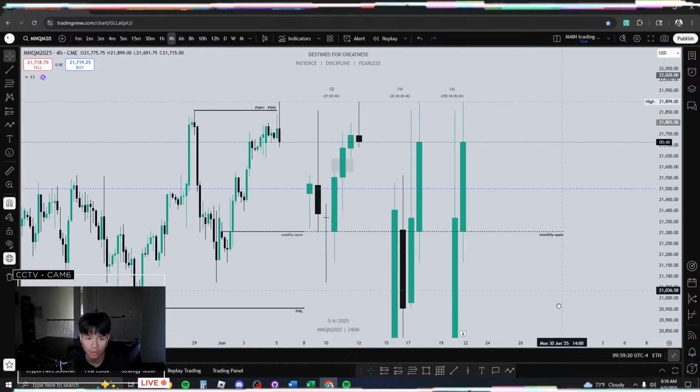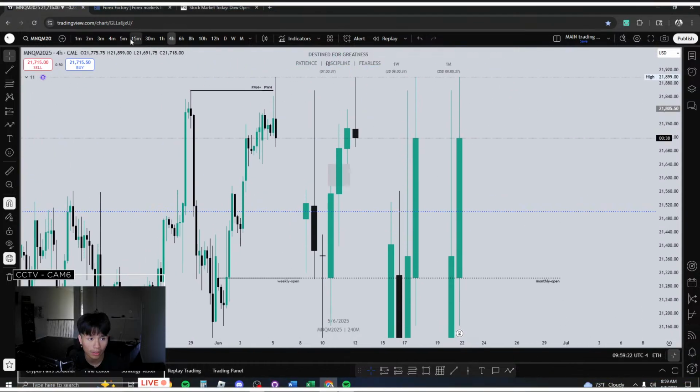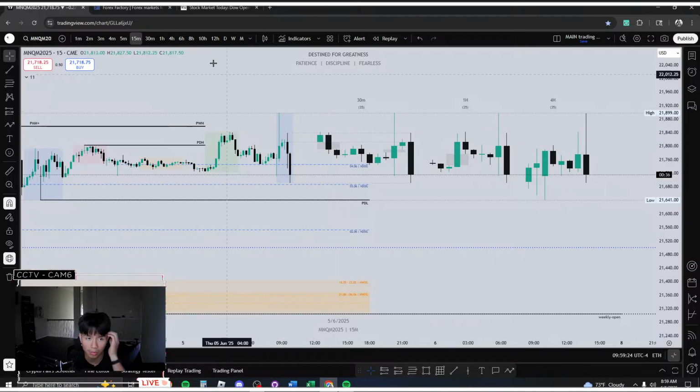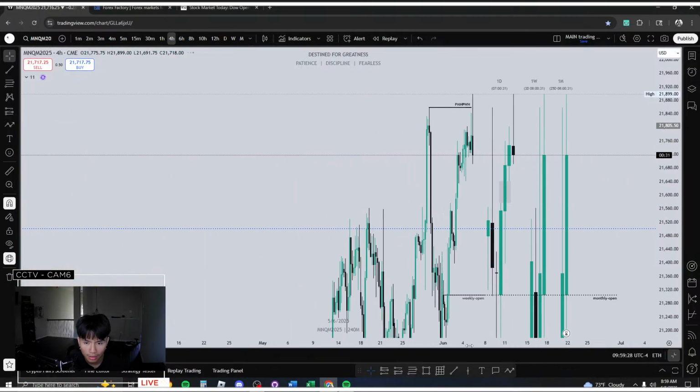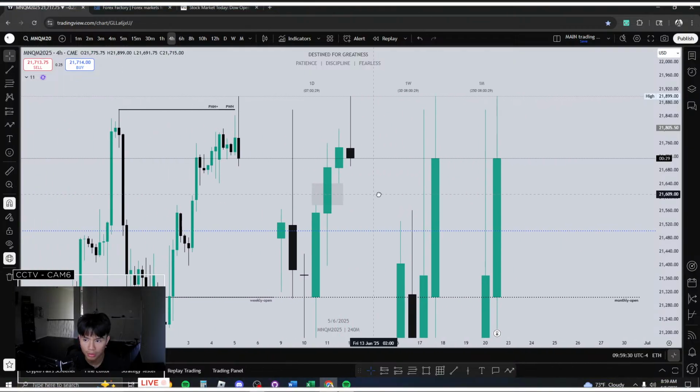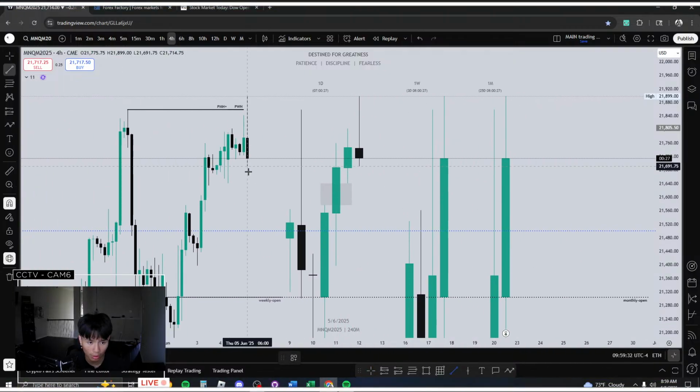Let's go back to the 4-hour time frame to get a better understanding of where price wants to go. It looks to me like we're probably going to take out this 4-hour low, because notice how this 4-hour candle here is closing bearish. The next 4-hour candle, we should work towards this 4-hour low.